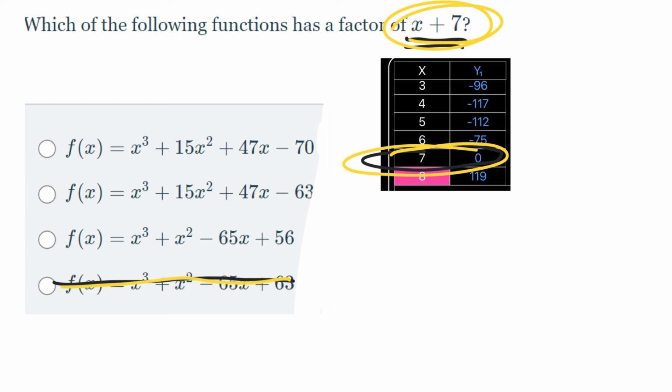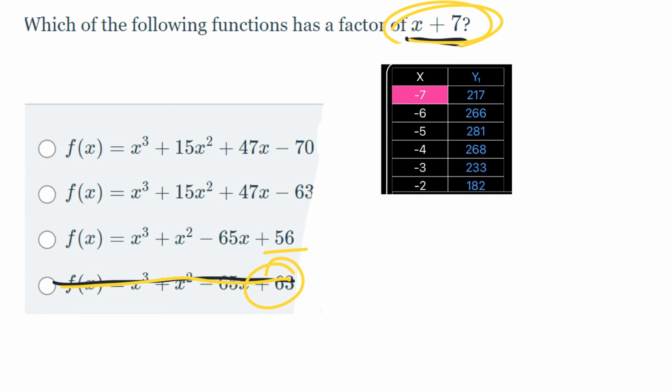Now what I'm going to do is, since it's easy to just change a 63 into a 56, I'm actually going to check C next. So I'm going to go to my calculator and do that. So we see answer C, the negative 7 has a 217. So that one can't be the correct answer. And the thing that's nice about this is I don't have to keep erasing stuff.